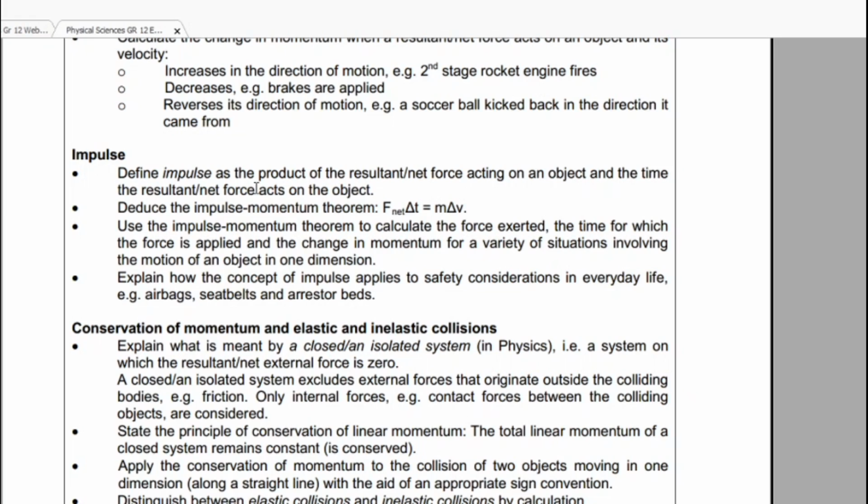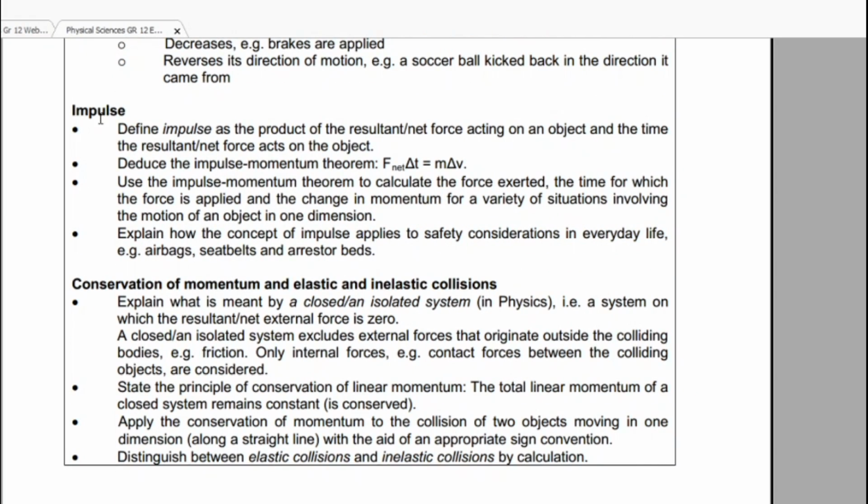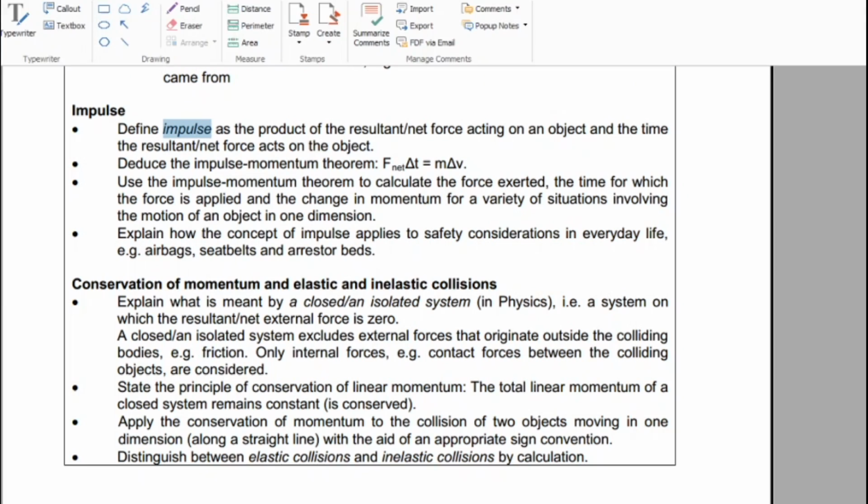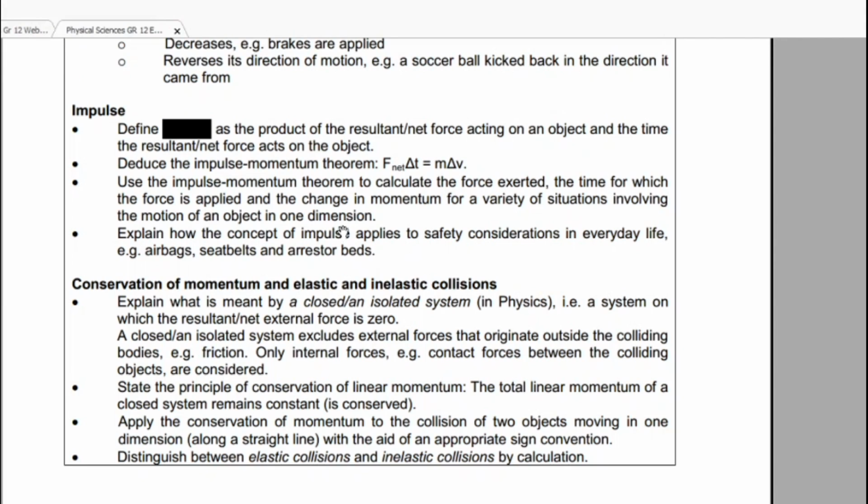Okay, we move on from there, and then we go to impulse. So they define impulse as the product of the resultant force, or the net force acting on an object, and the time the net force acts on an object.